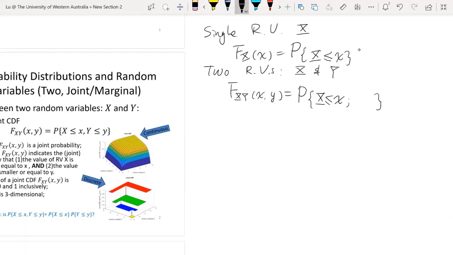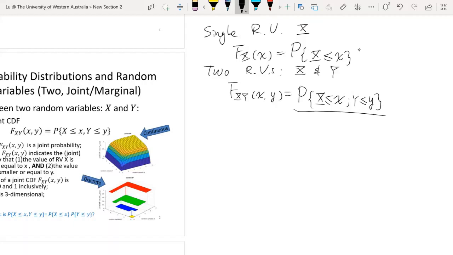And the second event is that the Y random variable is smaller or equal to the given parameter lower y here. So that means, again, the joint CDF is evaluated as a joint probability.